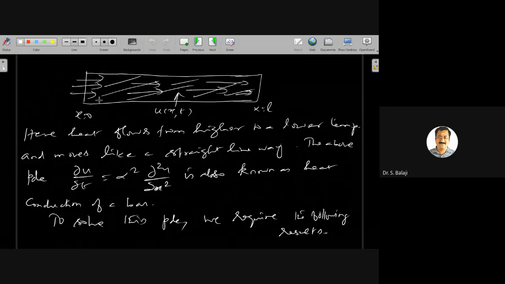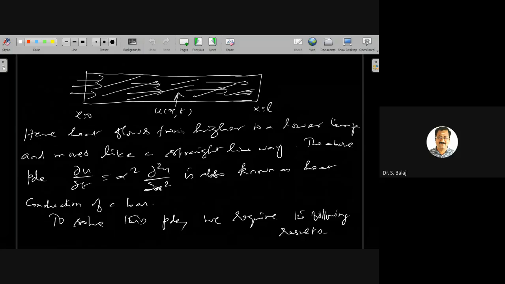It is called the one-dimensional heat flow equation because inside the metal bar, the temperature moves in a straight line form.